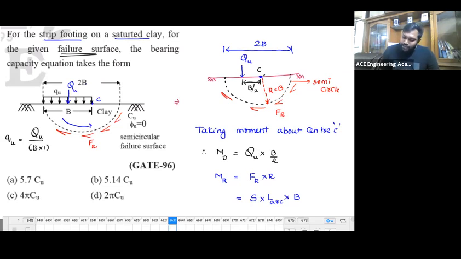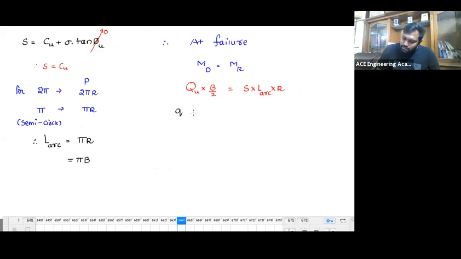So I can write small qu into B by 2 is equal to, what is the shear strength? Cu into, what is the length of arc? Pi B into, what is the radius? B. Now B and B will get cancelled. What is the ultimate bearing capacity? 2 pi Cu. That's how we are going to get it done.